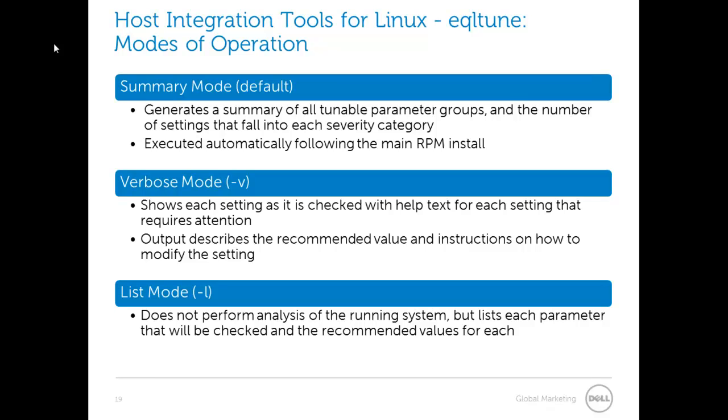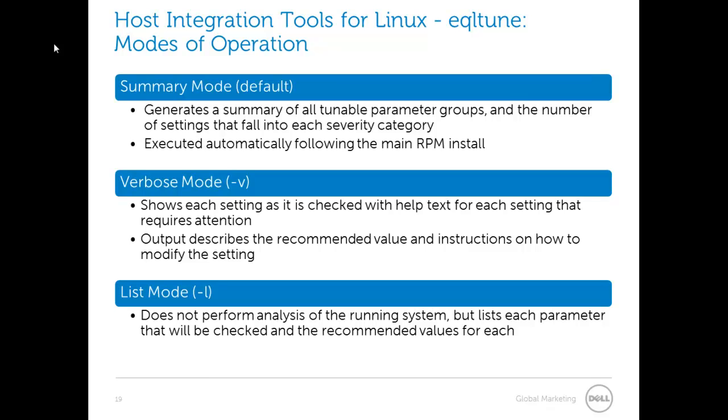EQLTune has 3 modes of operation. When you install HIT for Linux, the last task that is done by the install script is to run EQLTune in summary mode. If you see anything listed under the critical column, you should run EQLTune in verbose mode. The output will describe the recommended value and provide instructions on how to modify the setting.